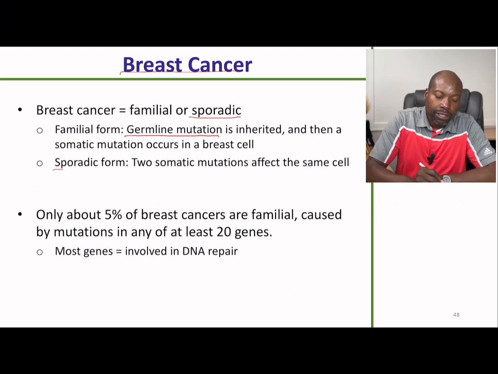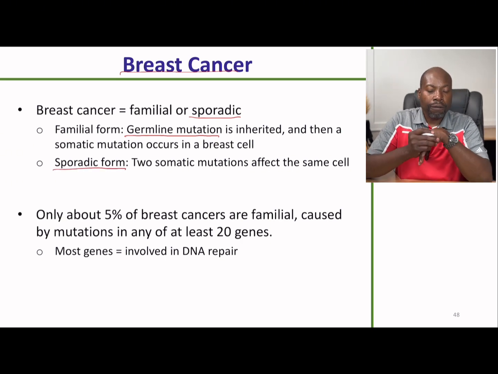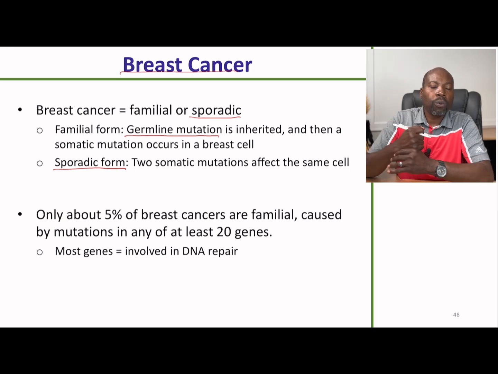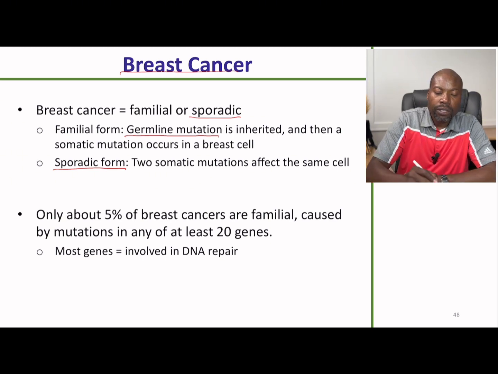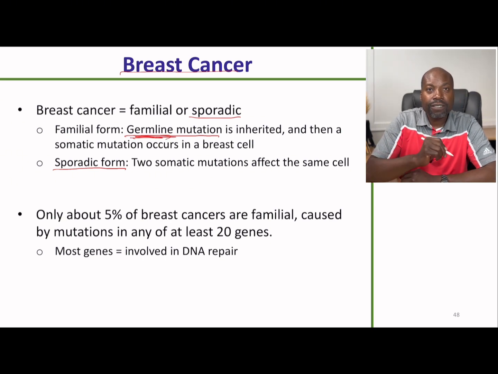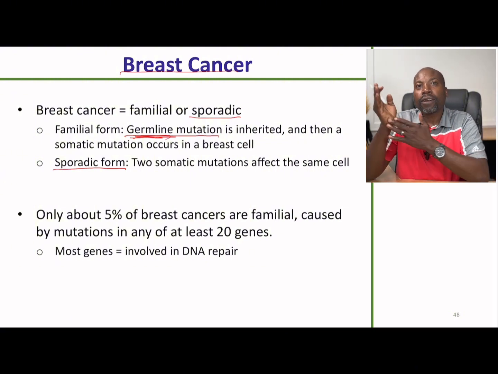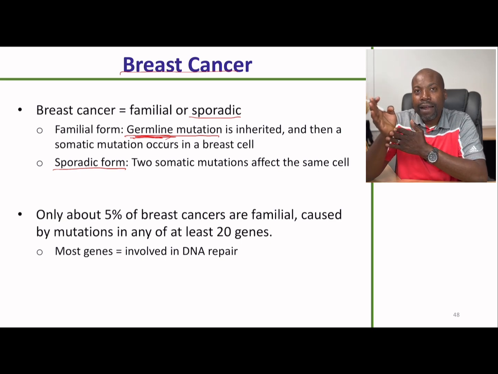When it is a sporadic form of cancer, this is going to require a mutation in two alleles, one you receive from mom and one you receive from dad, right? Which is very unlikely. That is the reason why most of these types of cancers are more germline mutations, where maybe one allele is mutated, but the other allele is fine, right?